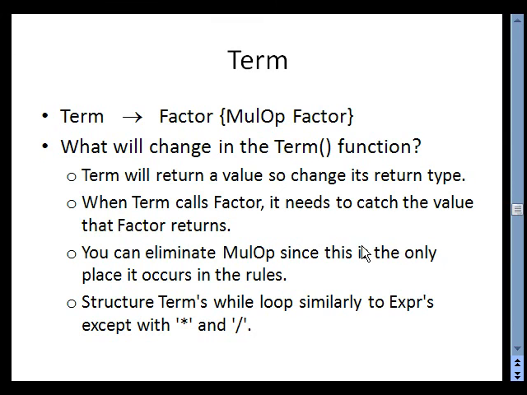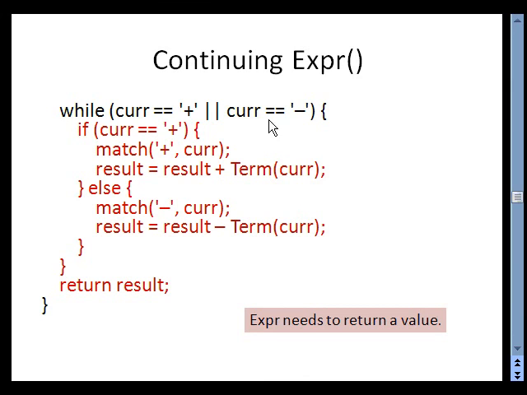Let's go back a slide so that I can make this make sense. We're going to look at expression's while loop and remember what term's while loop looks like so we can compare. So in term, this while loop is going to say while current is the splat, the asterisk, or current is a slash. Then you separate out the two cases just as we've done here.